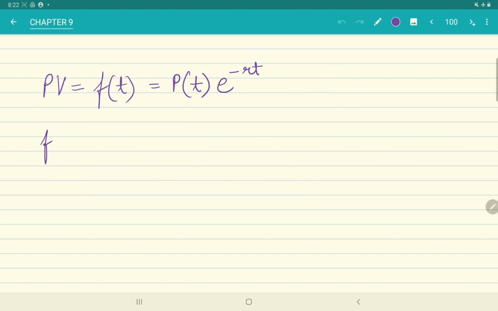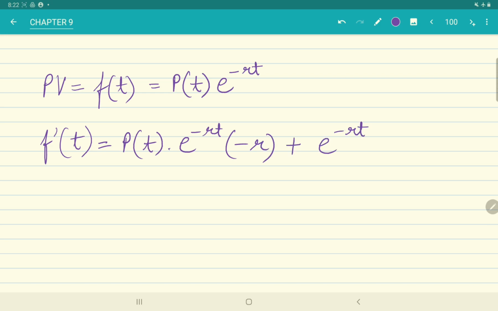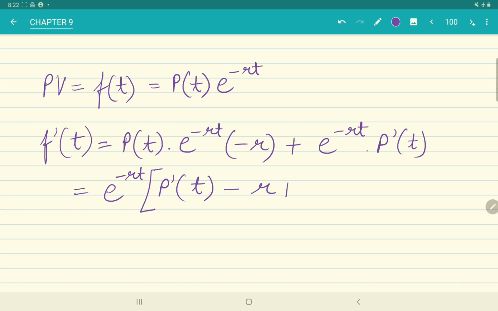First we take its first derivative, f prime t, which is, again using the product rule, the first function into derivative of the second, plus second function into derivative of the first. So I can write e raised to the power minus rt, times p prime t minus r p of t.